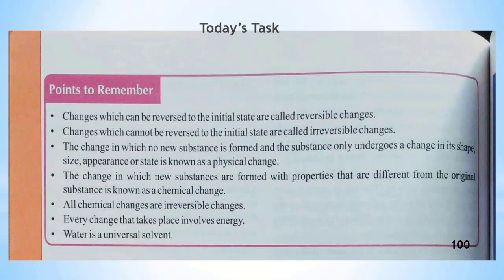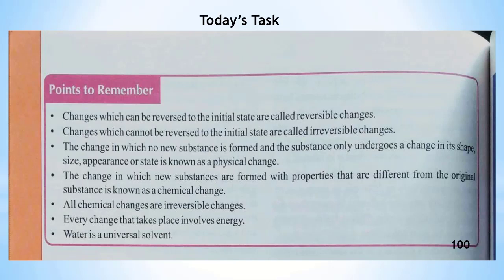Okay, now coming to page number 100, we have some points to remember. Changes which can be reversed to the initial state are called reversible changes, and changes which cannot be reversed to the initial state are called irreversible changes. I hope now you have learned it as well.